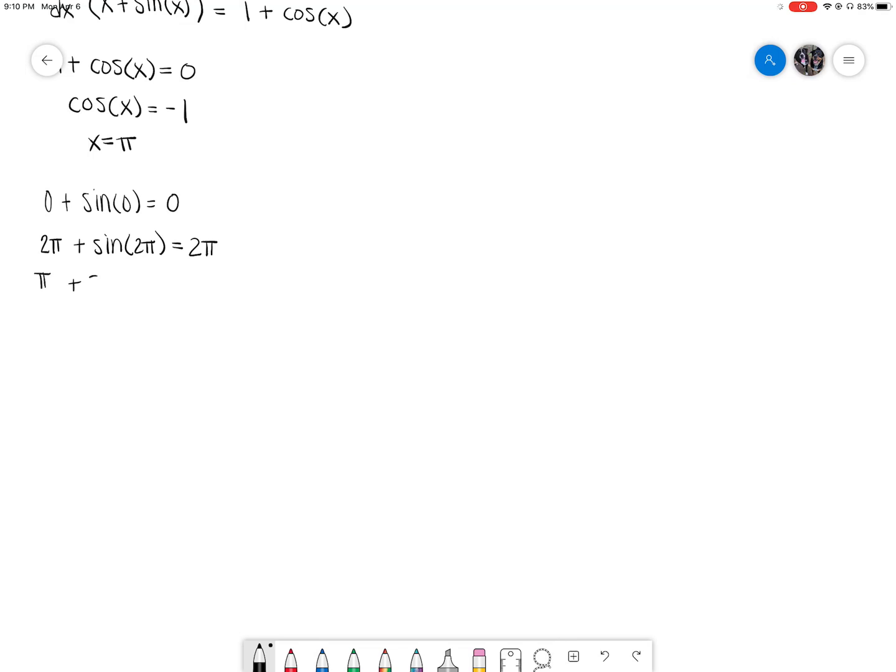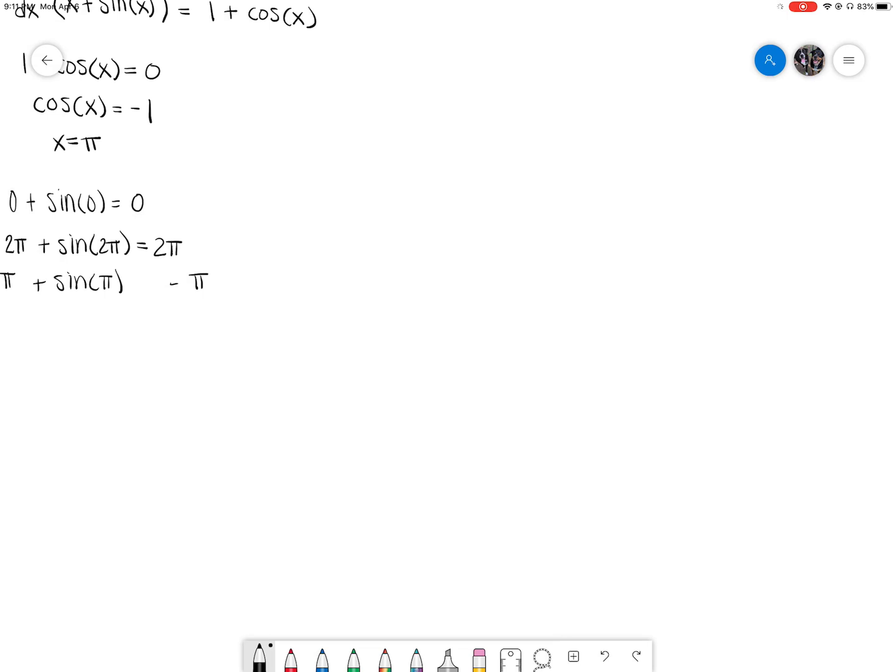And at pi, we get pi plus sine of pi, which is pi. So this tells us our bounds are 0 to pi. Sorry, 0 to 2 pi.